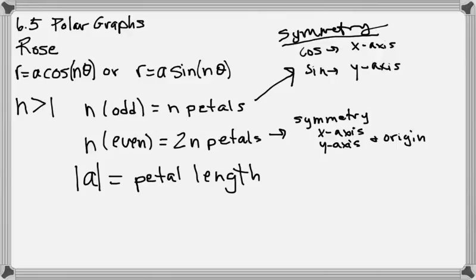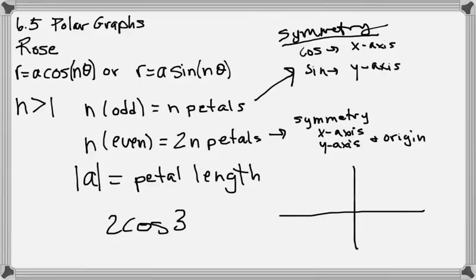Okay. Nothing. Let me take a minute, and I'm so horrible at drawing these things. So if I were to draw, let's say, 2 cosine of 3 theta, let's do cosine, it's easier. Let's suppose we draw that one.